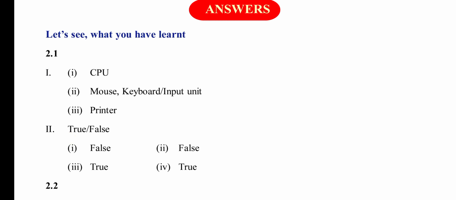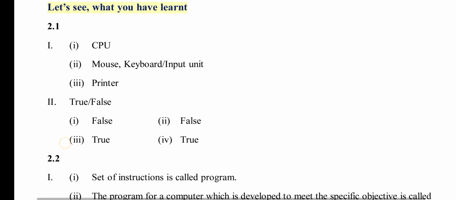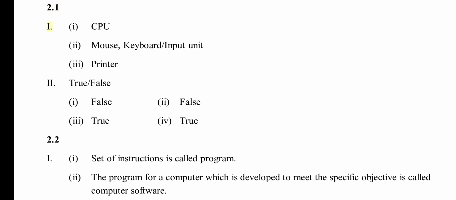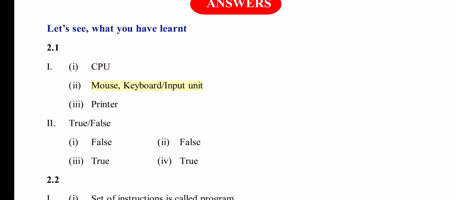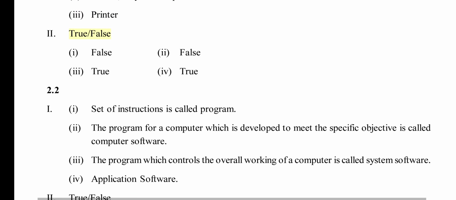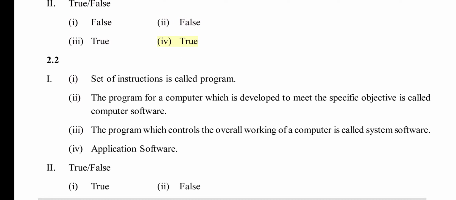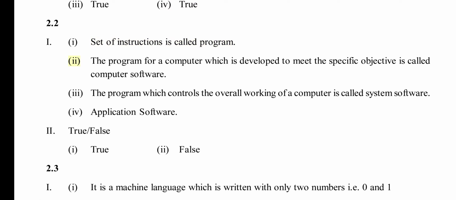Answers. Let's see what you have learnt. Exercise answers: CPU; mouse, keyboard input unit; printer; true, false. A set of instructions is called a program.